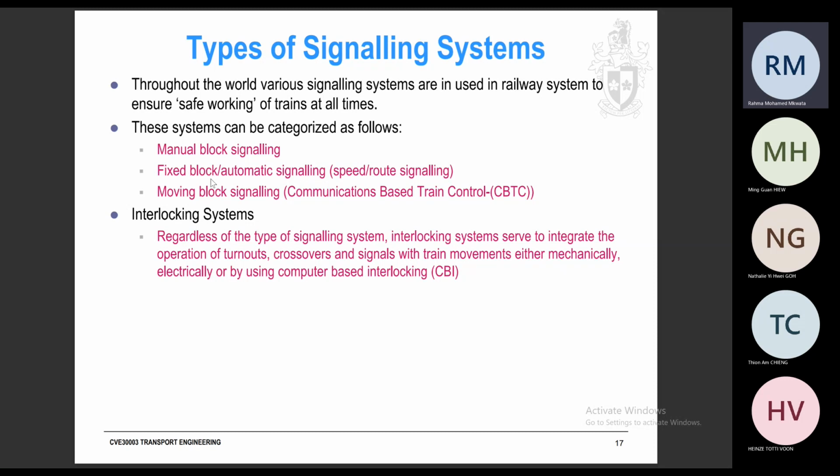So by the time the train passes through that fixed point, then 3 minutes later, the other train has to pass through that point. But for the moving block, this allows the train to move a little bit faster or slower by using communication-based train control.